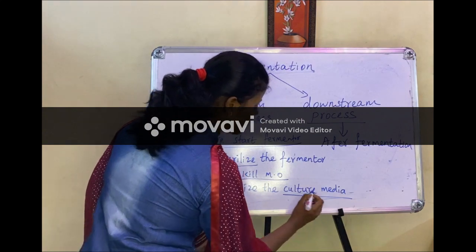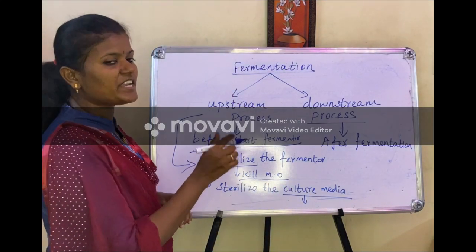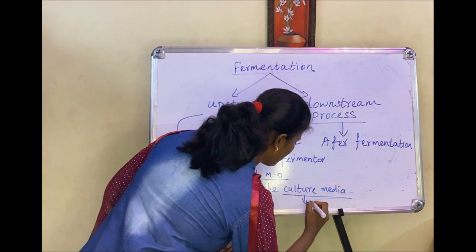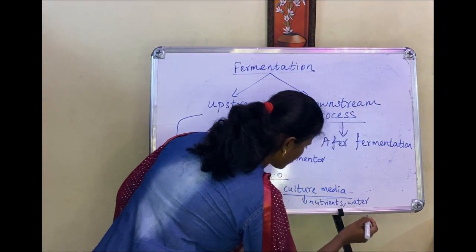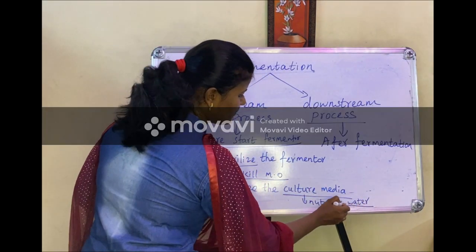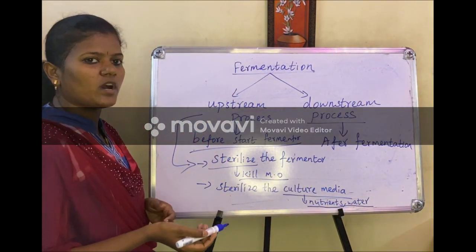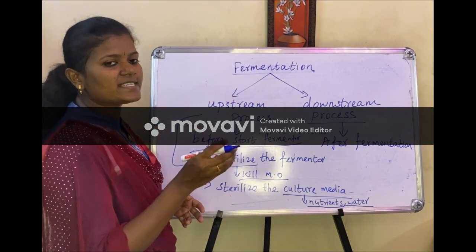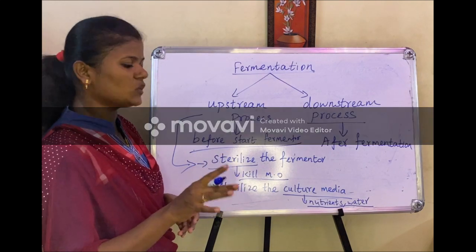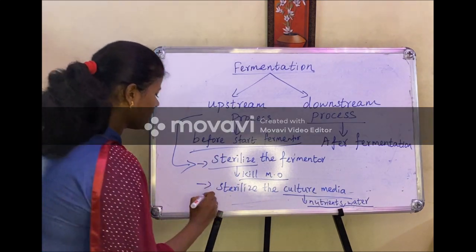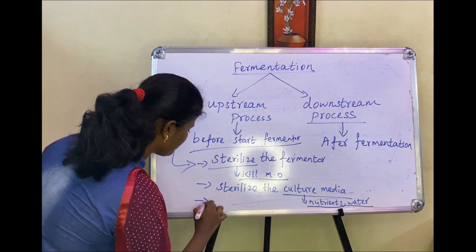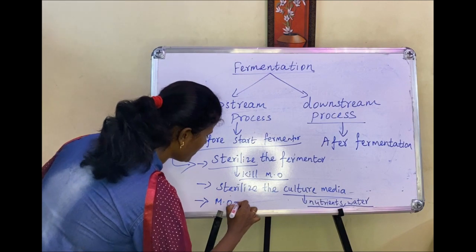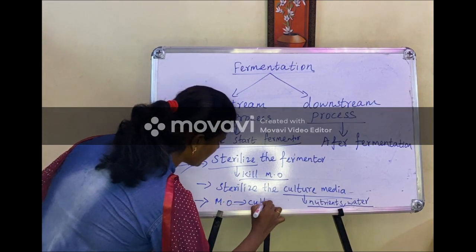Culture media provide the necessary things needed for the growth of microorganisms, for example nutrients and water. These are very important for the growth of microorganisms. The next step is to add the microorganism into the culture media.